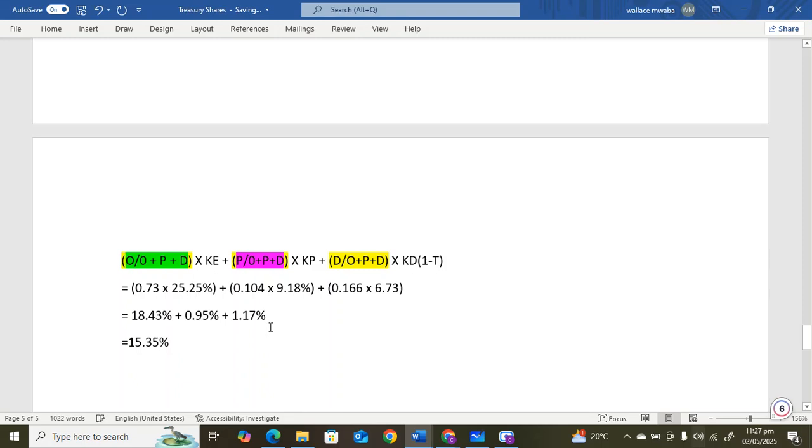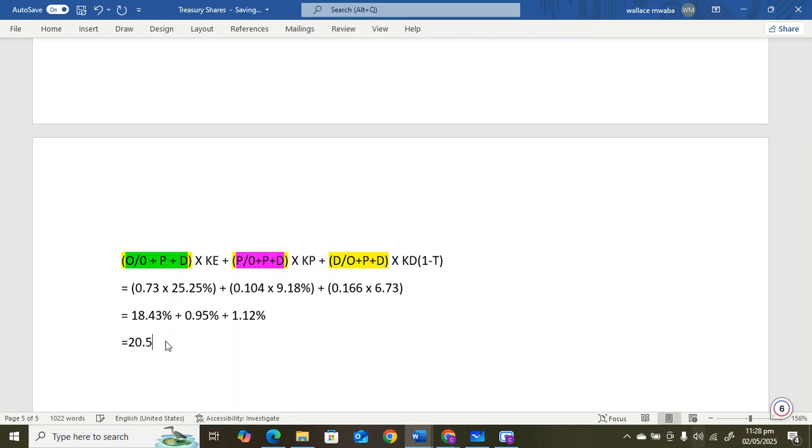So 18.43 plus 0.95 plus 1.17. Okay, we total up: 20.5%.